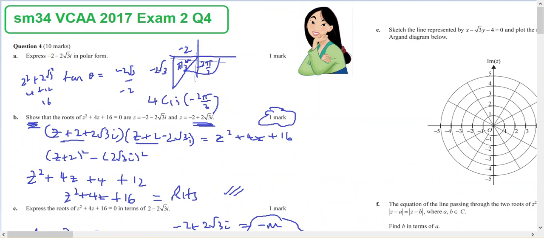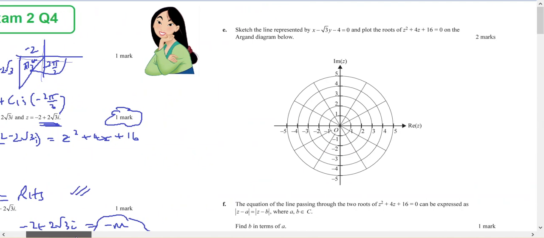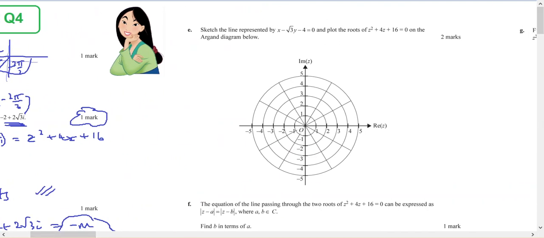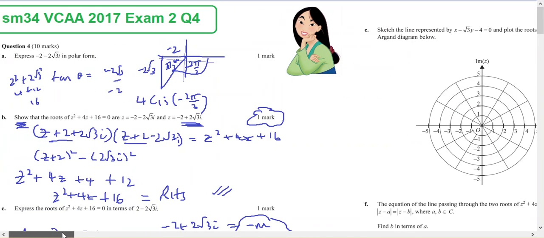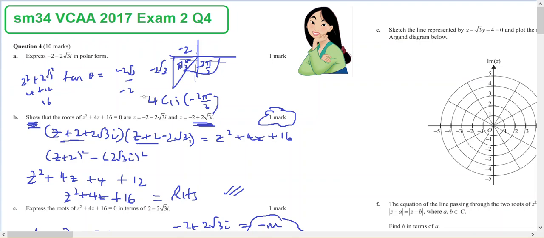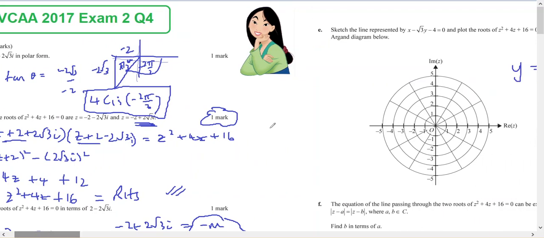And in part E, I need to sketch that line and plot those points. So I'm looking for the roots, and I know the roots are these in cis form. So it's going to be -2, so I need to go out onto the 4, and I need to be on the 2 root 3, and I need to be on the 4, and I need to be -2 root 3.